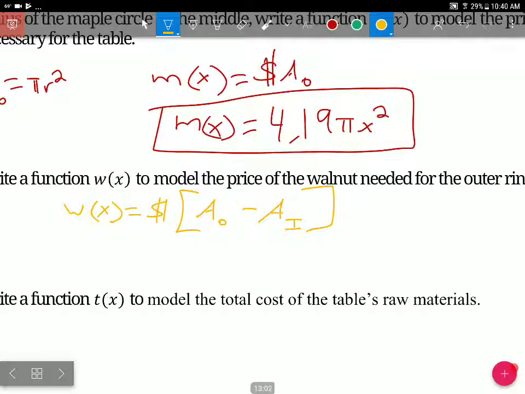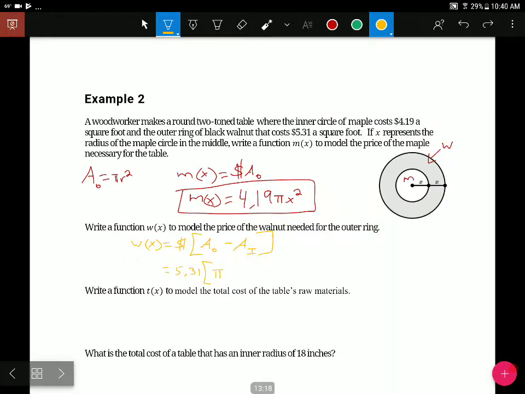So here we go. What's the price for the walnut? $5.31 per square foot. All right. The area of the outside, well, that's pi r squared. What is the radius of the outer circle? How many x's are there in that radius? Two of them.